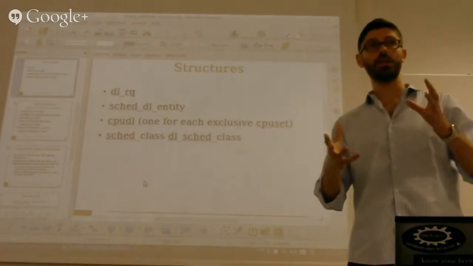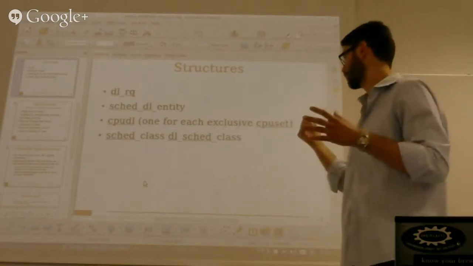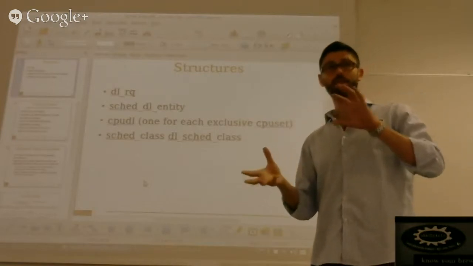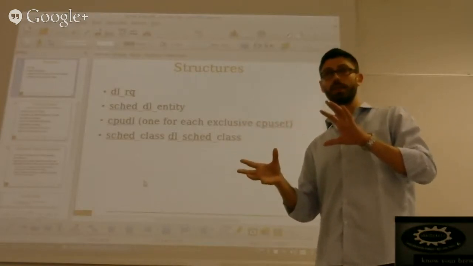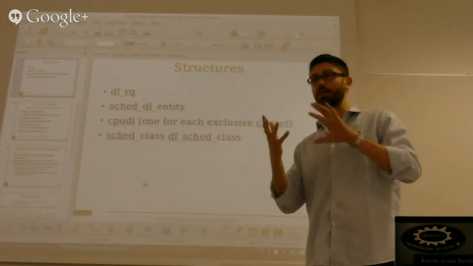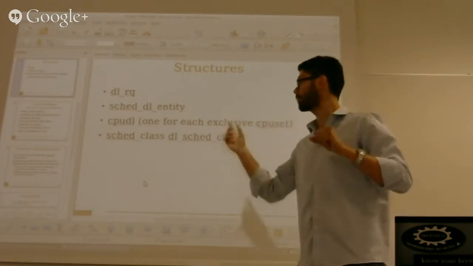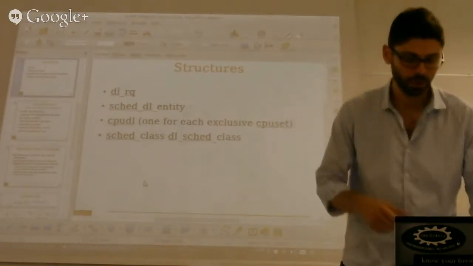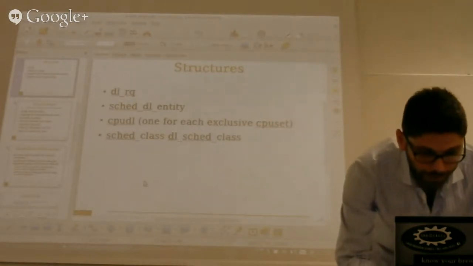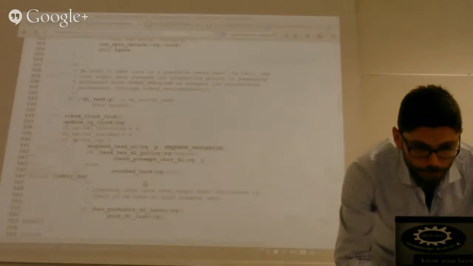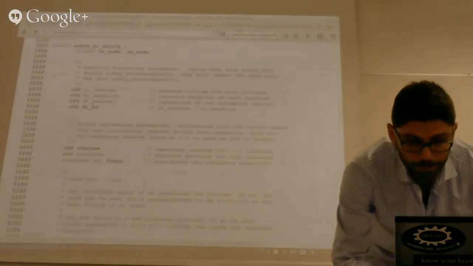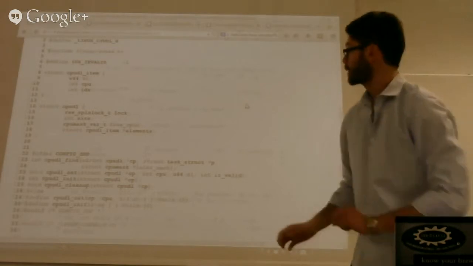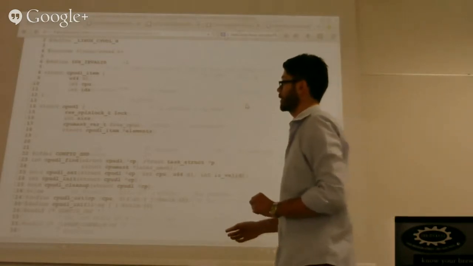In Linux you can create these disjoint sets of CPUs, exclusive sets, and you get one of these structures for each of them. Here we go, that's basically this thing.